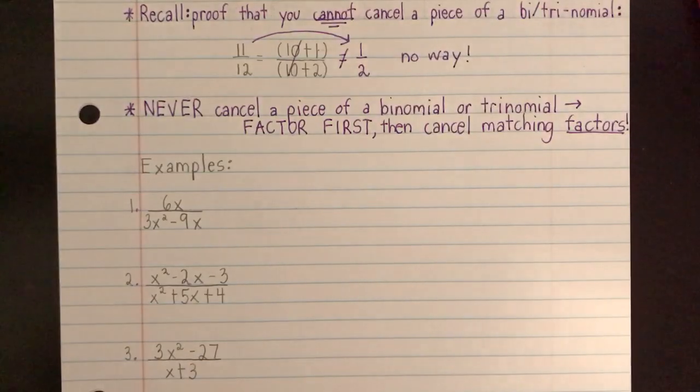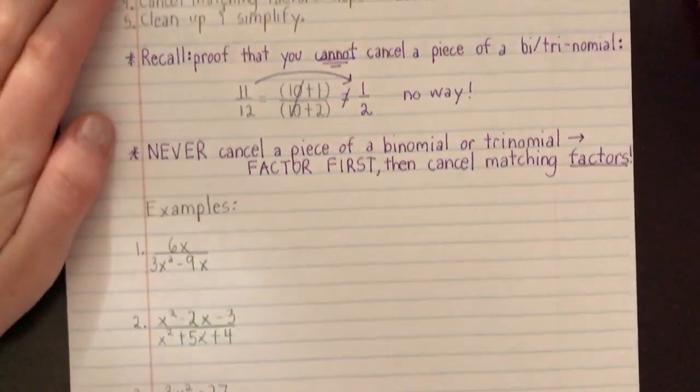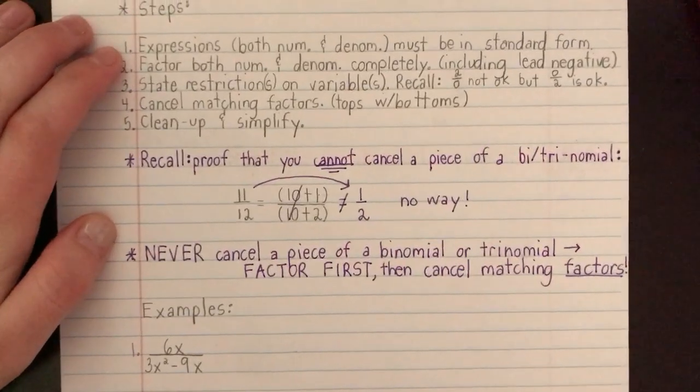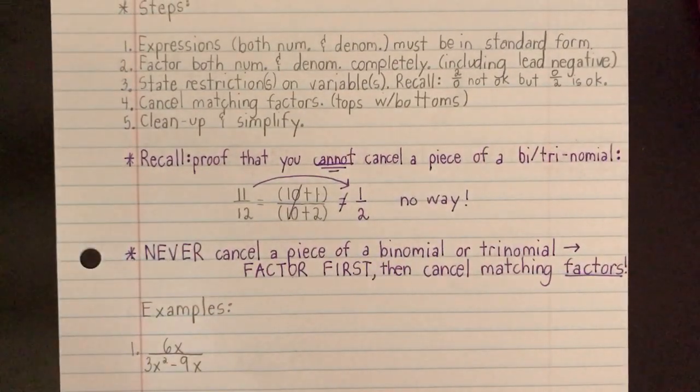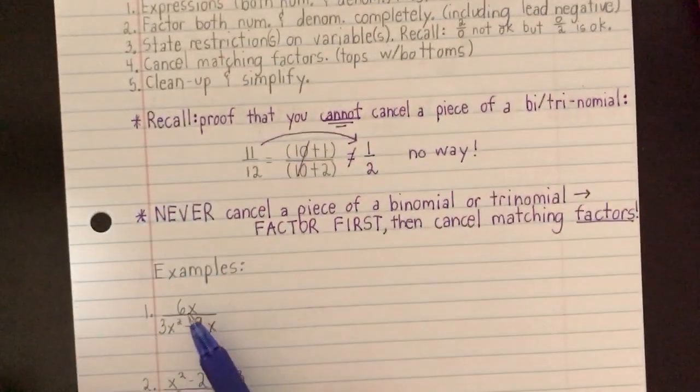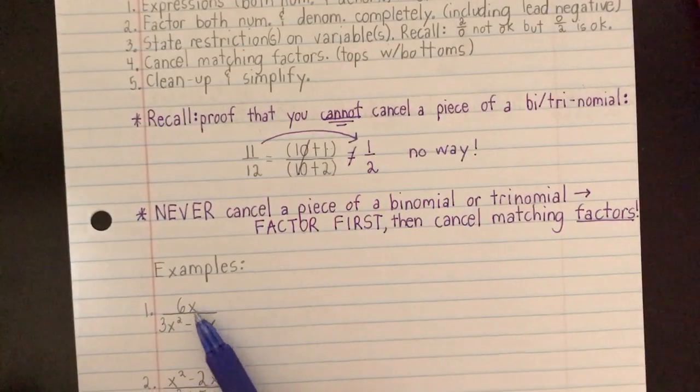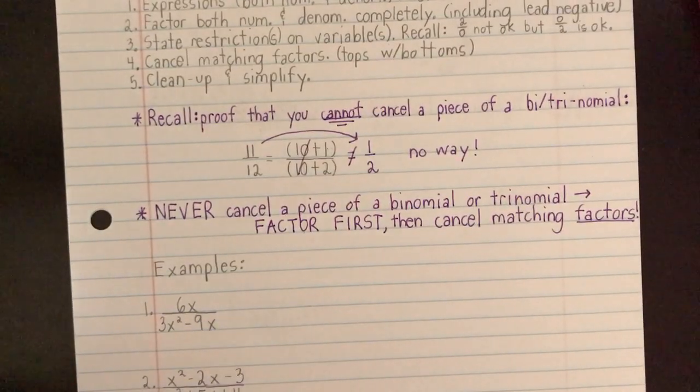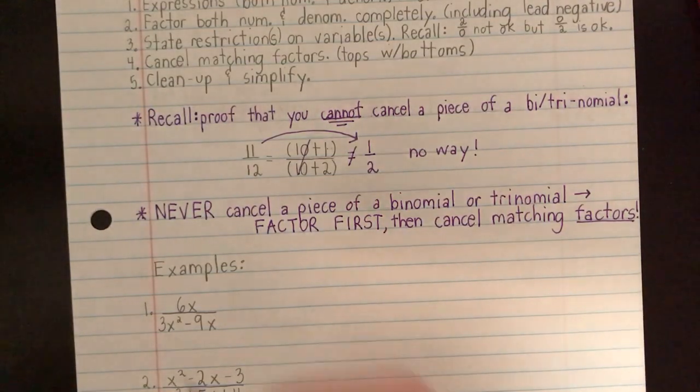Okay, so example number 1, 6x over 3x squared minus 9x. So I want you to simplify this. So looking at our steps, first, expressions, both numerators and denominators, must be in standard form. On number 1, we have both in standard form. Second, factor both numerator and denominator completely.